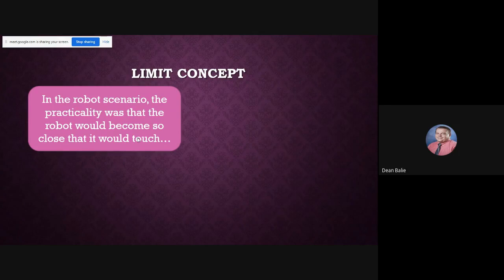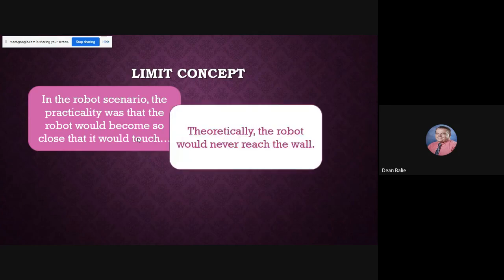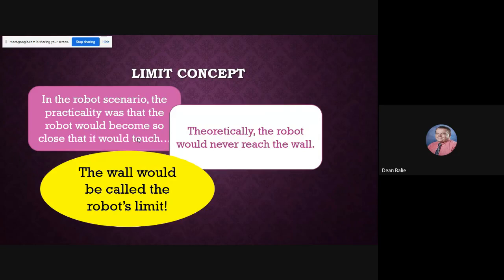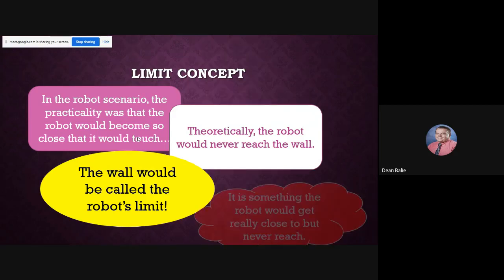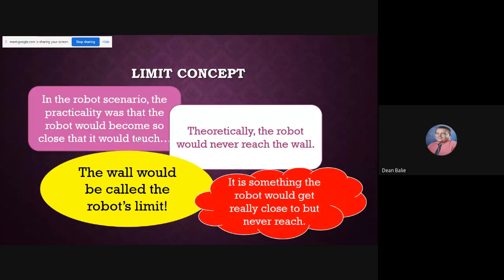However, if the precision was there in the engineering, it should never happen. In that scenario, the wall would be considered the robot's limit. So the limit is something that the robot would get really, really close to, but never reach.